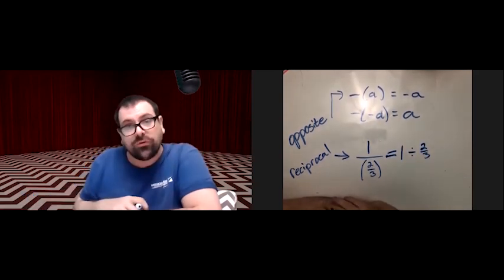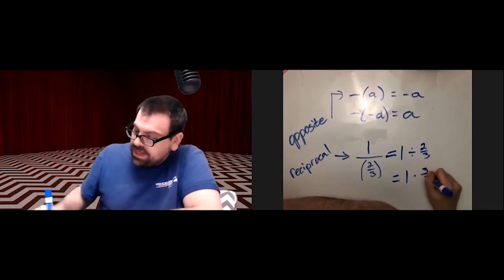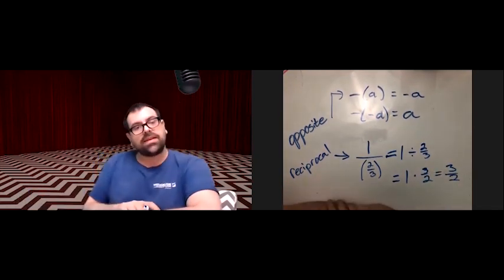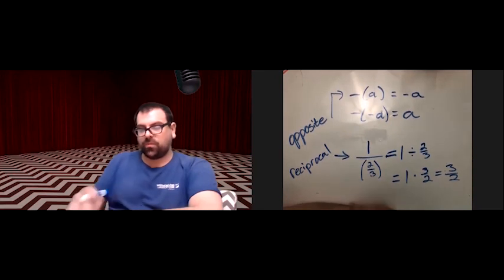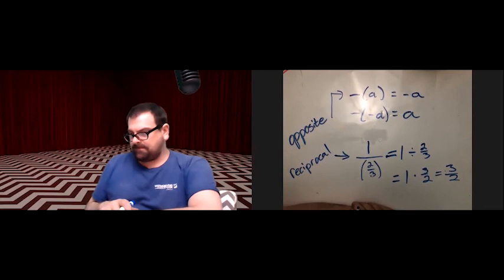And remember our rules for dividing fractions. 1 times 3/2. Anything times 1 is itself, 3/2. So the reciprocal of 2/3, 1 over 2/3, is 3/2.